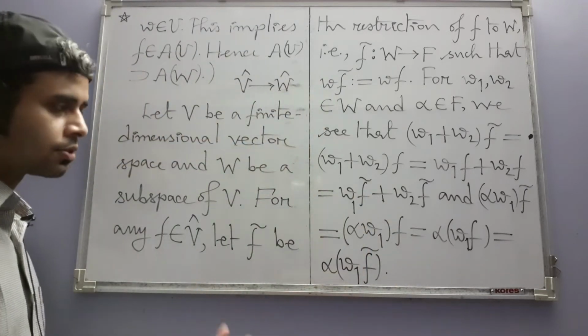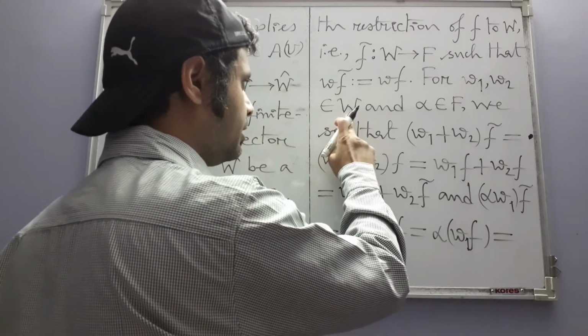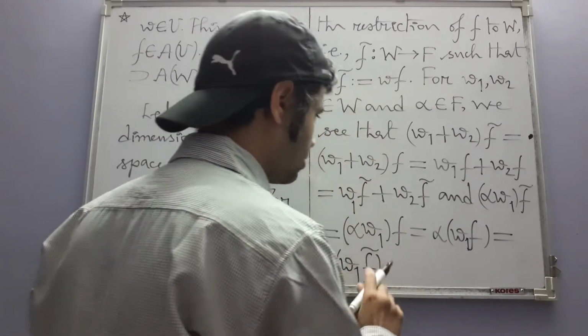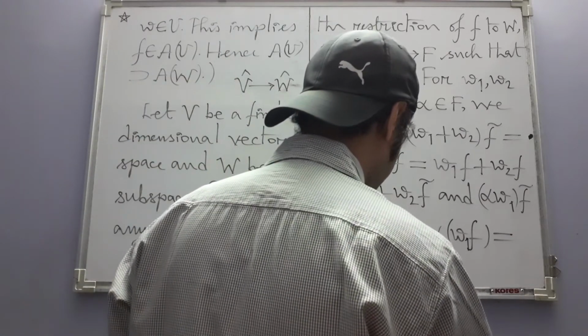So now you can of course say that f tilde is a linear functional on W, or in other words, is an element in W hat, the dual space of W.